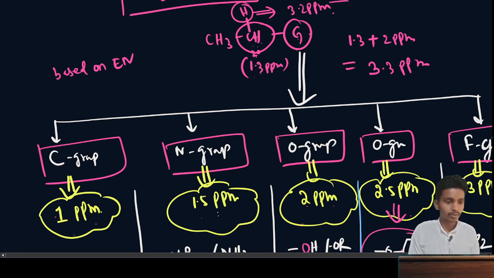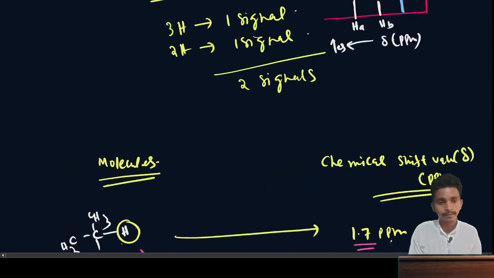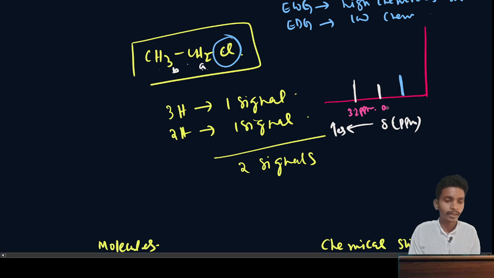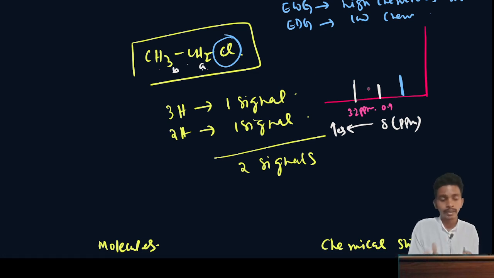Okay, so now we will say that these HA atoms will lie at 3.2 ppm. And this is 1 degree, so 0.9 ppm, so this will lie nearly at 0.9 ppm. So in this way we can say what is the exact value of particular protons.